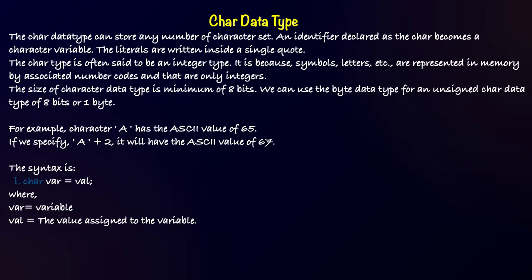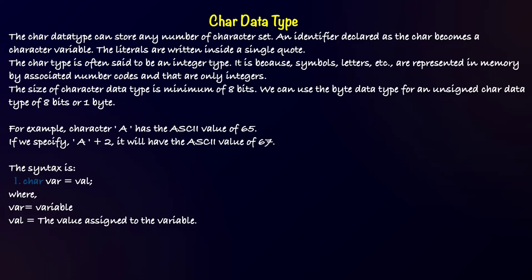All right. The char type is often said to be an integer type. It is because symbols, letters, etc. are represented in memory by associated number codes, and those are only integers. That is why it is said as such. The size of the character data type is a minimum of 8 bits. We can use the byte data type for an unsigned character of 8 bits or 1 byte.